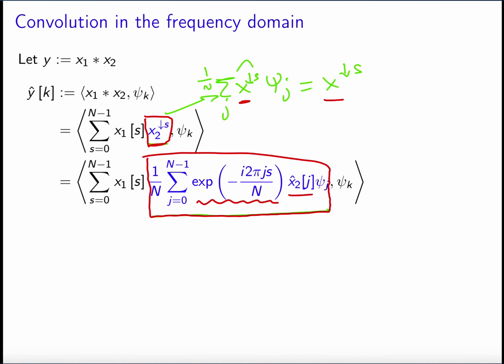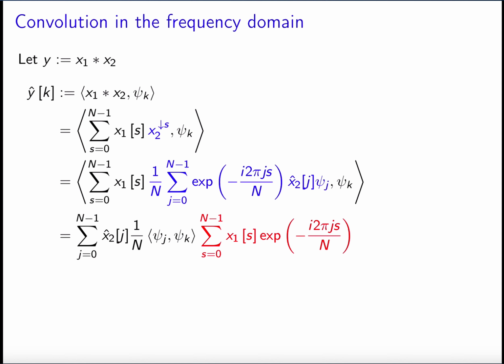Because now we can take out this sum, and the DFT of y can be written in terms of this guy, the DFT coefficient of x2 times this inner product between the discrete sinusoids psi j and psi k, and this expression.